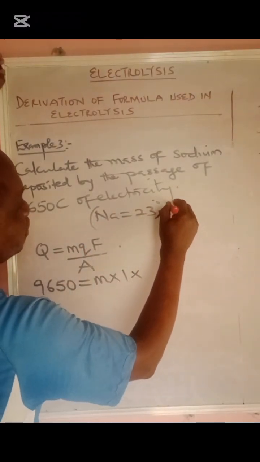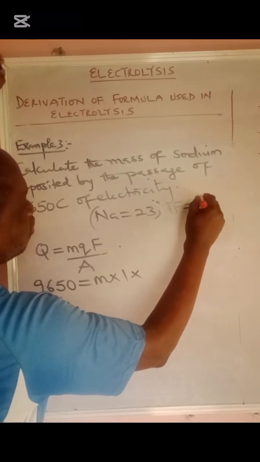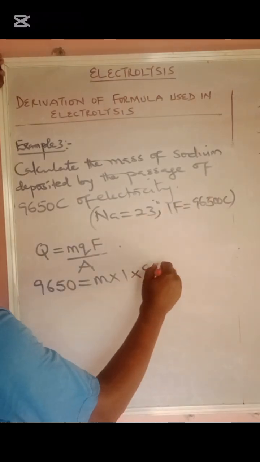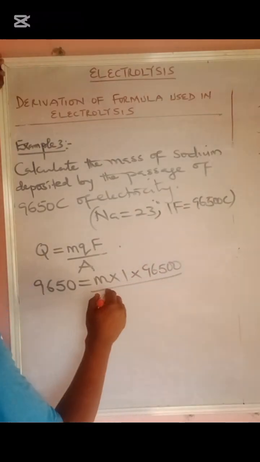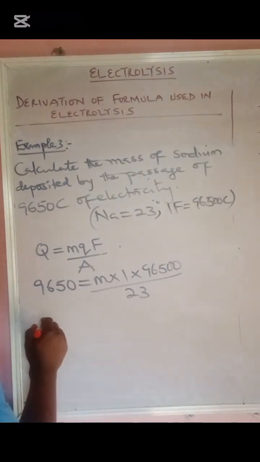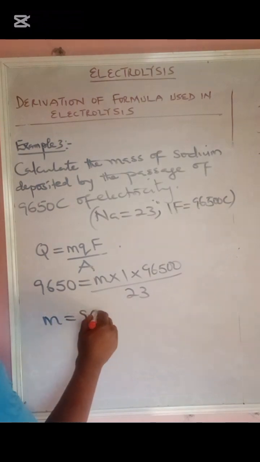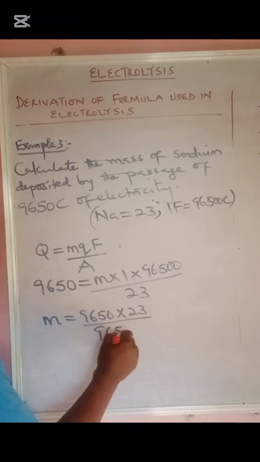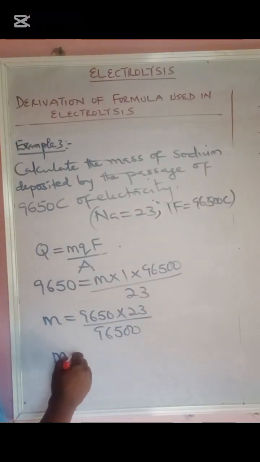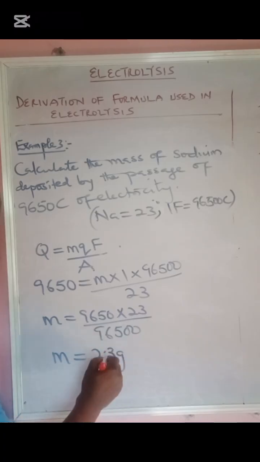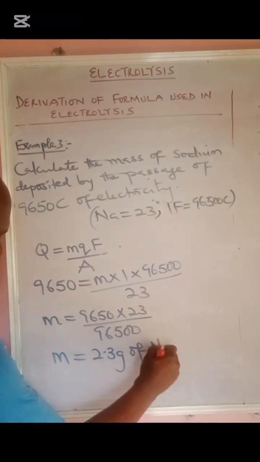Take note that 1 Faraday is equal to 96500 Coulomb. So 96500 divided by 23. That is exactly what you are going to do. In this case, make M the subject of the formula: 9650 times 23 divided by 96500. So you are going to have your answer here to be 2.3, that is, 2.3 grams of sodium.